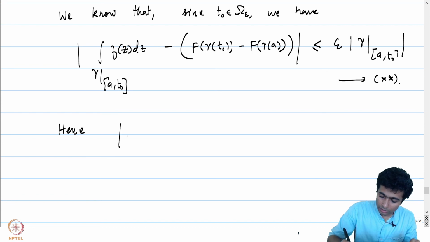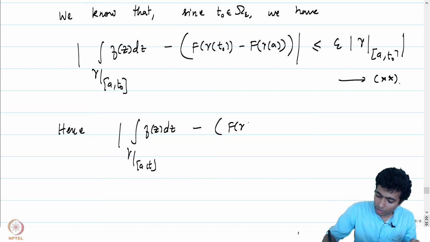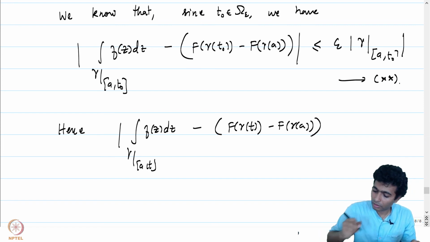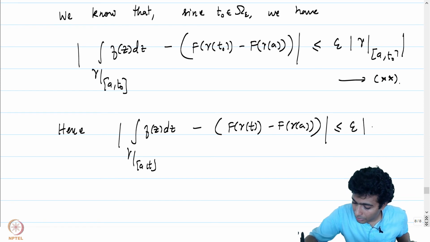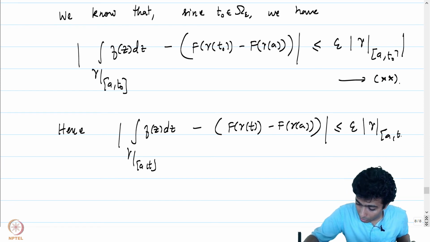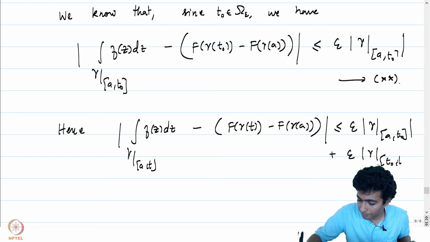Hence, the integral over gamma restricted to a comma T of f of z dz minus f of gamma of T minus f of gamma of a is less than or equal to epsilon times the arc length of gamma restricted to a comma T naught plus epsilon times the arc length of gamma restricted to T naught comma T.